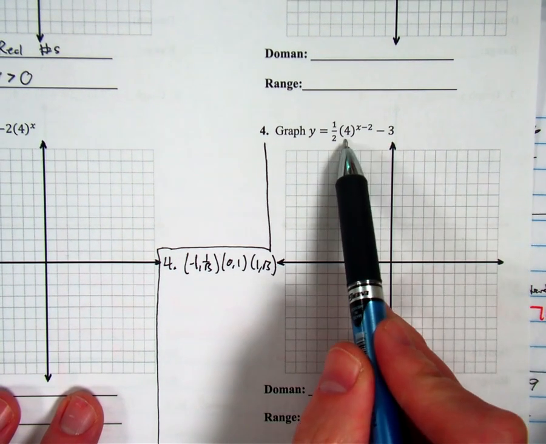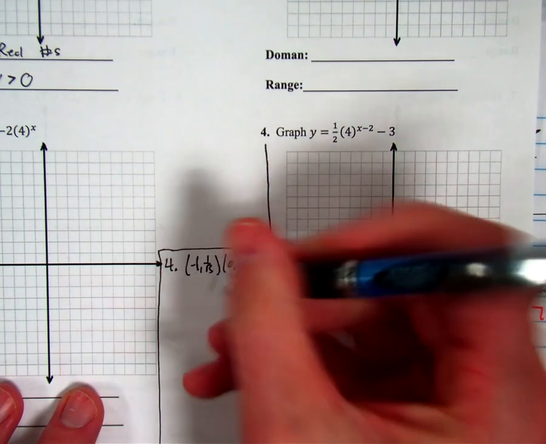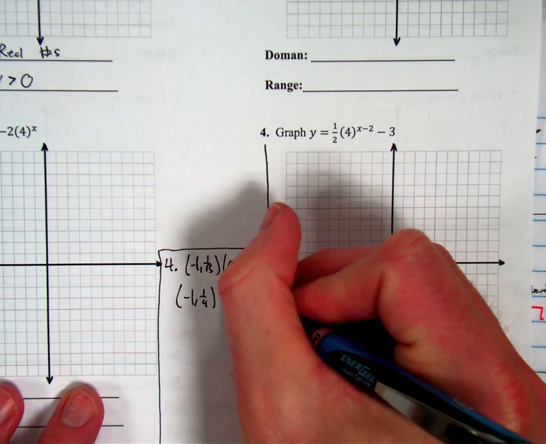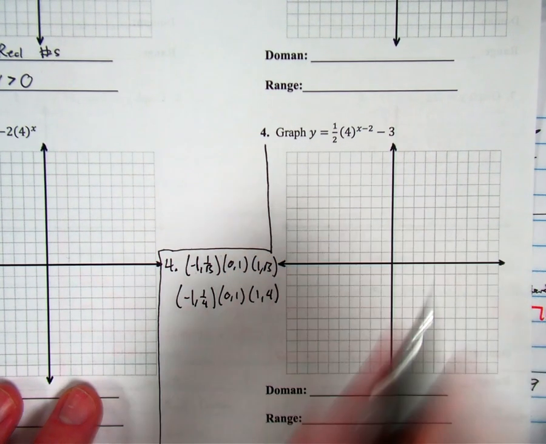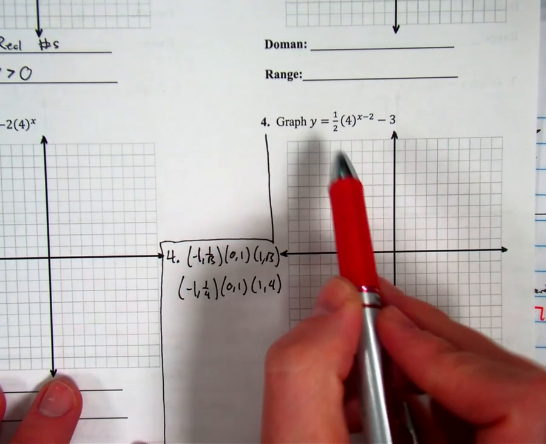Okay, our b is 4 this time, regular 4. So -1 is the flip, will be -1, 1 over 4. And 1, b, 1, 4. First step is always the multiplier. We have a half.